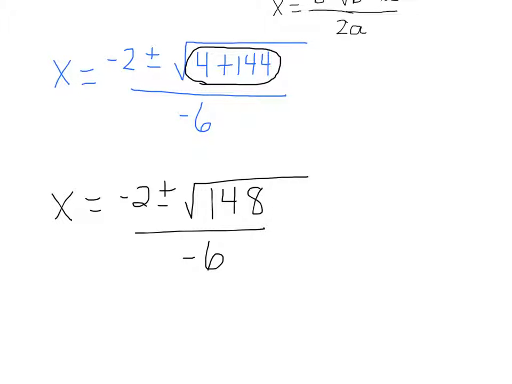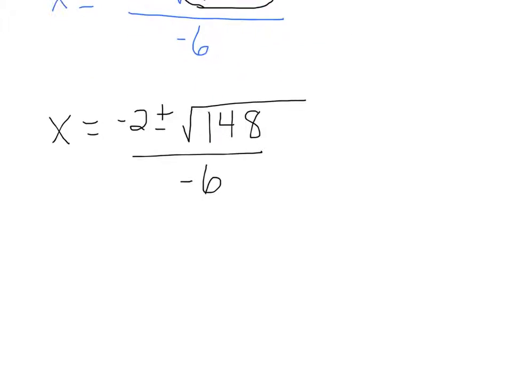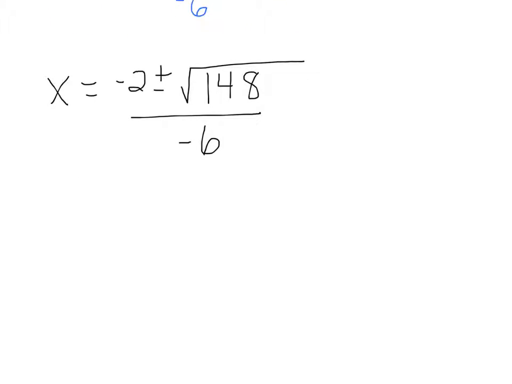So see, at this point, I've got the square root of 148, don't I? Since I'm allowing you to put your answer in decimal form, go ahead and tell me what the square root of 148 is, and let's put it right here, Ivy. Okay? So I'm going to write X equals negative 2 plus or minus, and what is the square root of 148?